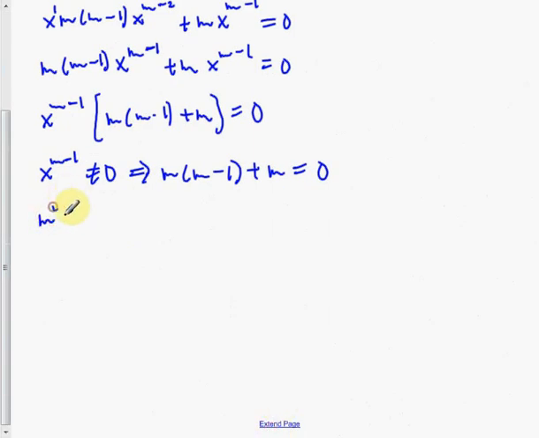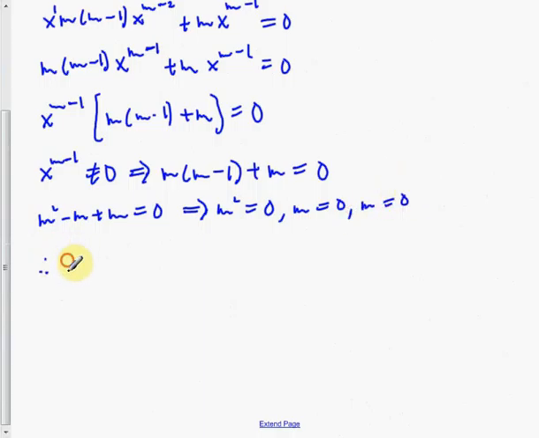We get m squared minus m plus m equals 0. This implies that m squared is equal to 0. That is, m is equal to 0 and m is equal to 0.